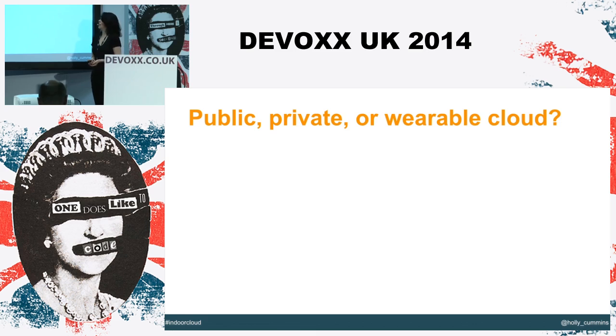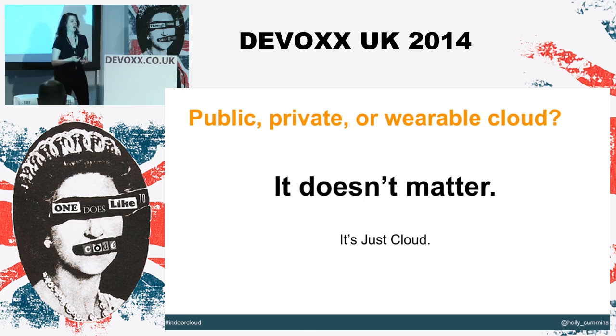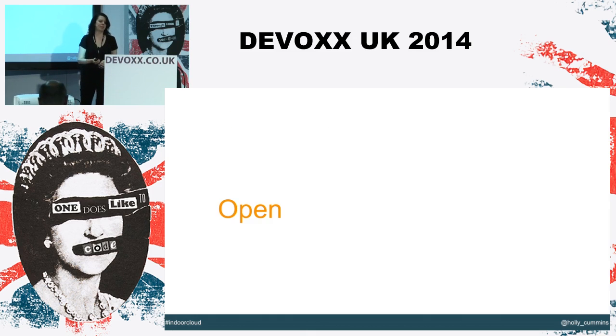But going back away from Wearable Cloud, I think my point really is that it doesn't actually matter so much whether you're using public or private or Wearable Cloud, because ultimately the important thing is that it's cloud, and that if you focus on the benefits of cloud, then the details of the implementation are perhaps less critical.